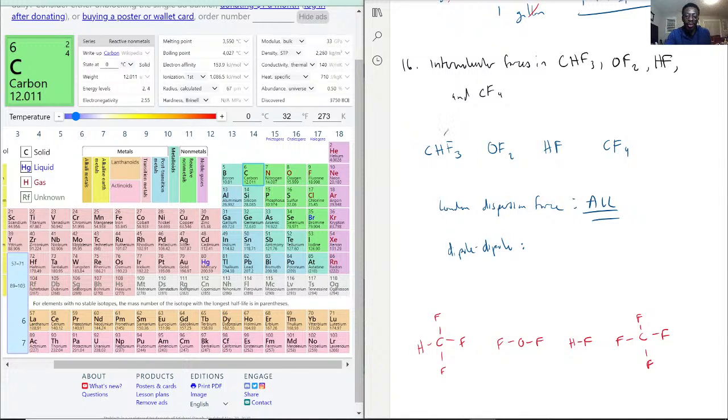So this has dipole-dipole because it forms dipoles between the carbons and the fluorines. Oxygen difluoride: oxygen has 3.44 and fluorine 3.98. So that one barely makes it, 0.54. So that's also considered a dipole-dipole bond.